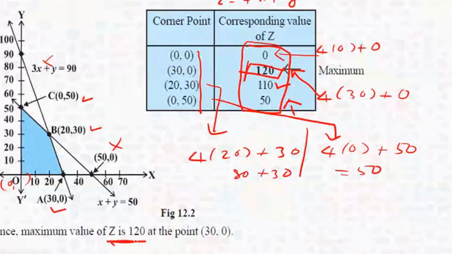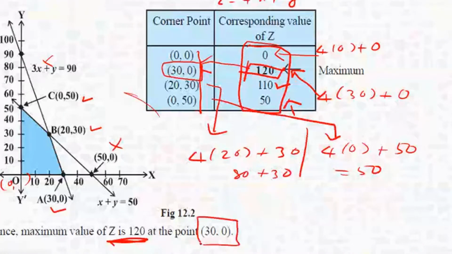Z equal to 120 is the maximum value, and correspondingly this point, 30 comma 0. This 30 comma 0 is called the optimum point or solution. So this is the optimal solution.